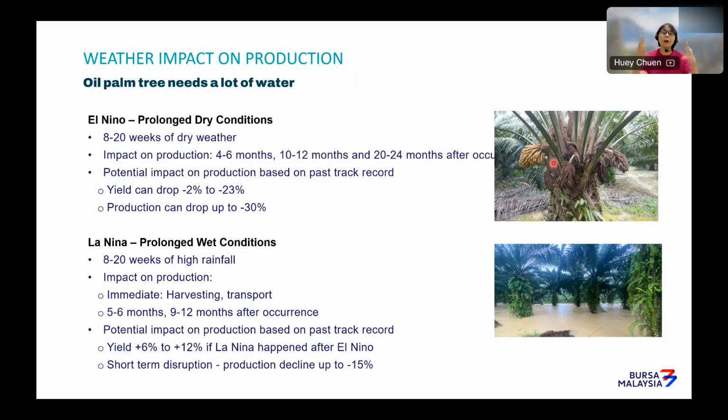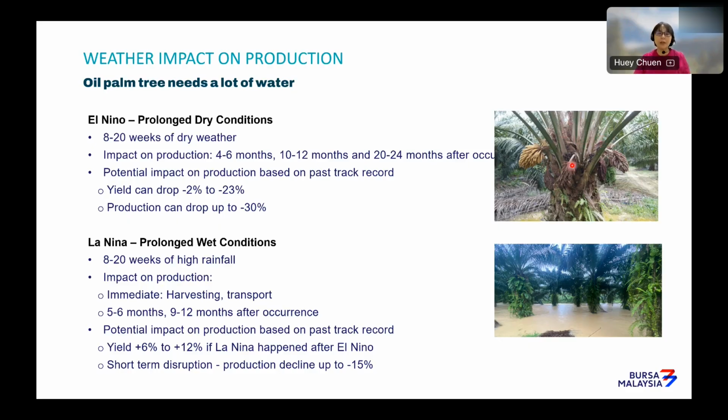On the norm, one tree has close to 75% or 80% female flowers. When they're under stress, they may produce only 40% female. On these trees, you can see there are no female flowers, only male flowers. That's why there are no fruits. So this is a very clear indicator that there will not be any production coming to the market for the next 4 to 12 months.